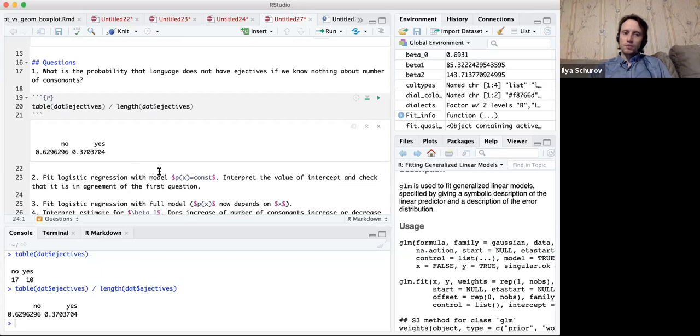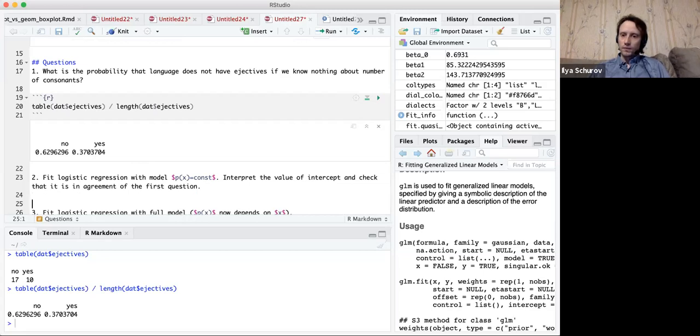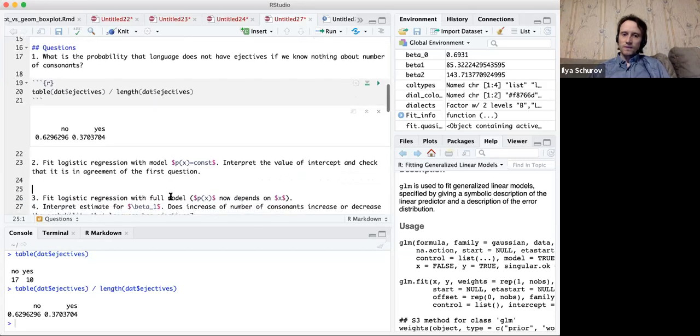What about this question number 2? Anybody succeeded with fitting logistic regression? Can you tell me the value of intercept?